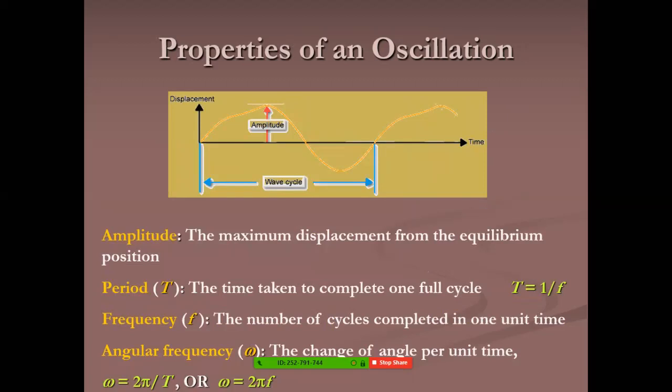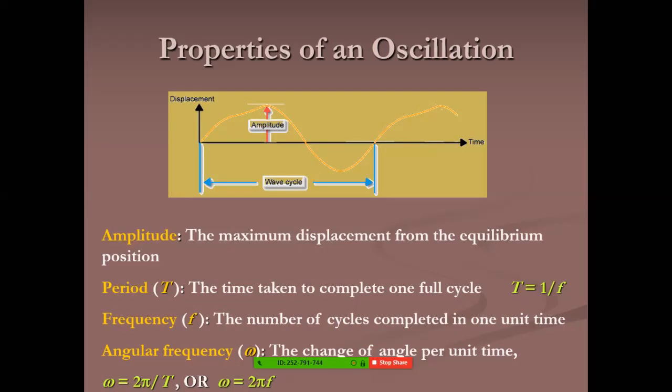Some kind of oscillation produces a wave. A light wave is caused by electron movement. Sound wave, continuous compression and rarefaction, produces a sound wave. So a type of oscillation produces a wave, and oscillation also has the properties of a wave.